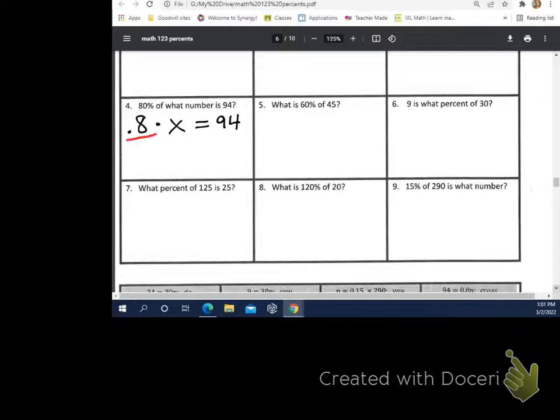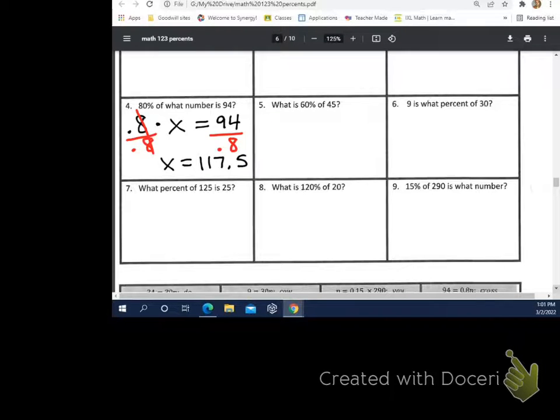So then we'll divide by 0.8. And when I do 94 divided by 0.8, I get 117.5.